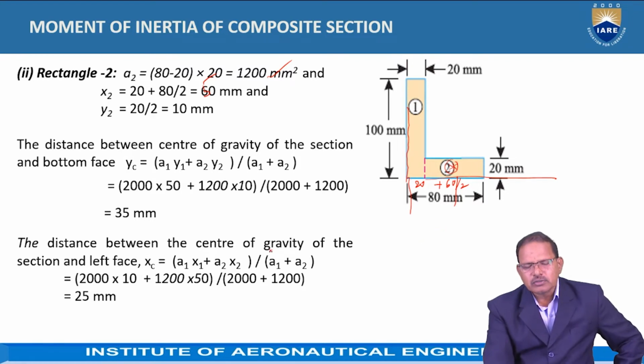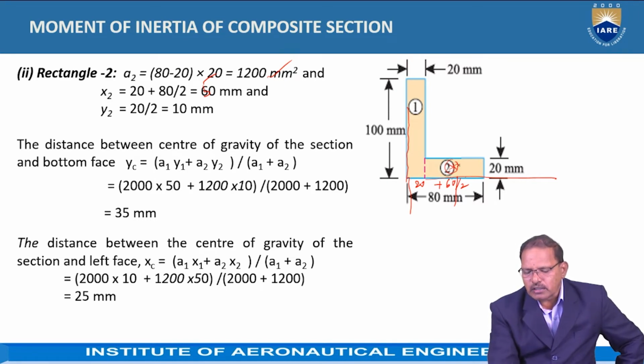On substituting a1 is equal to 2000 and y1 is equal to 50, and a2 is equal to 1200 and y2 is equal to 10, we get 35 mm. That is, it is at a distance of 35 mm on this line.